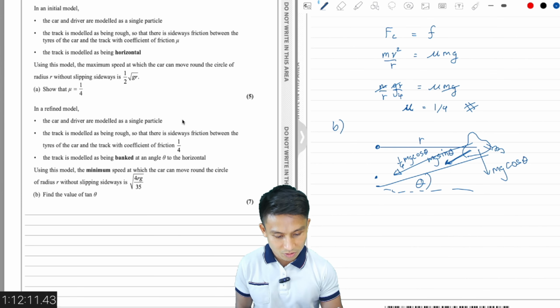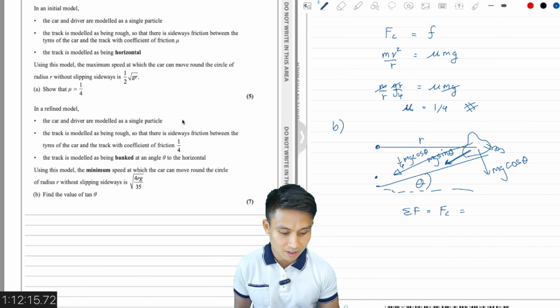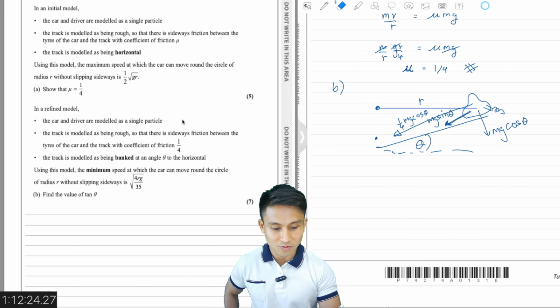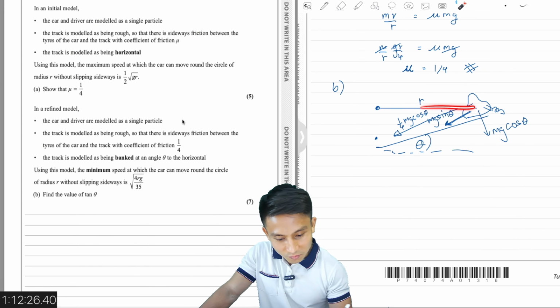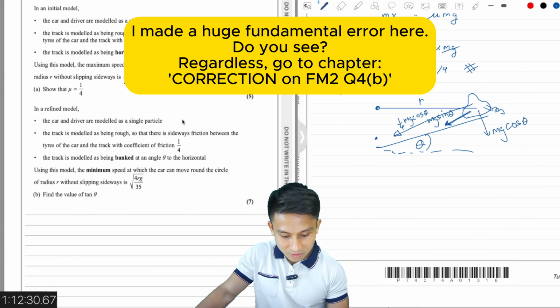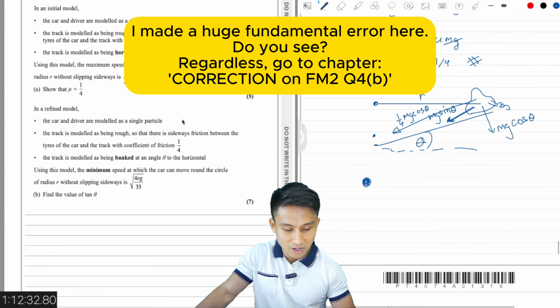So again, sigma F equals F_c equals mv squared over r. Sigma F towards the center. Oh, hang on, it's not that, is it? Wrong force diagram. I forgot to resolve towards the center here. Okay, so let's say this is the car and the driver.